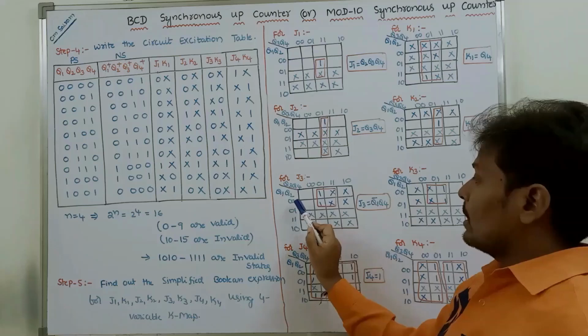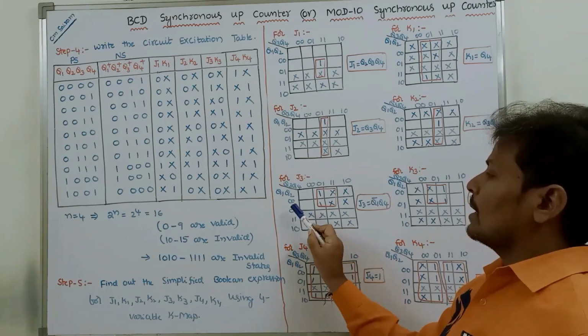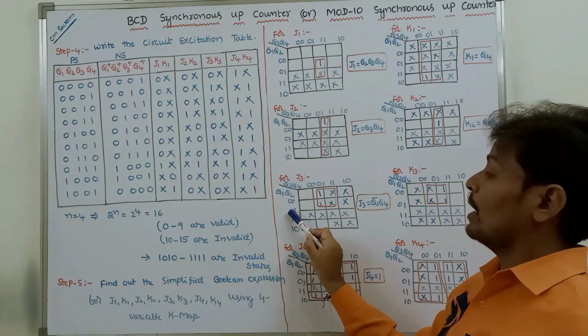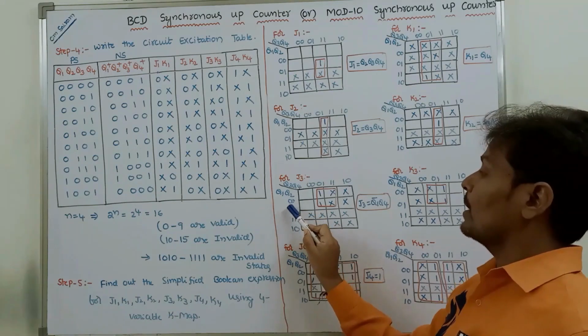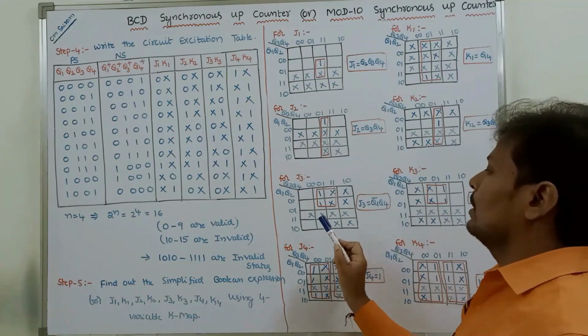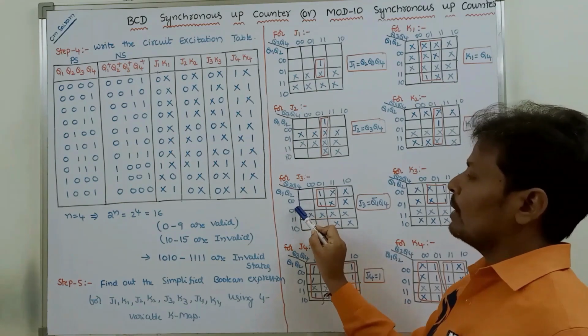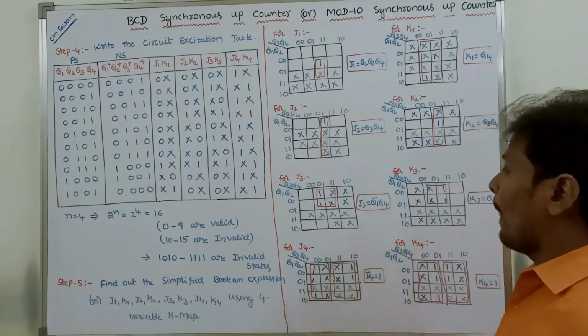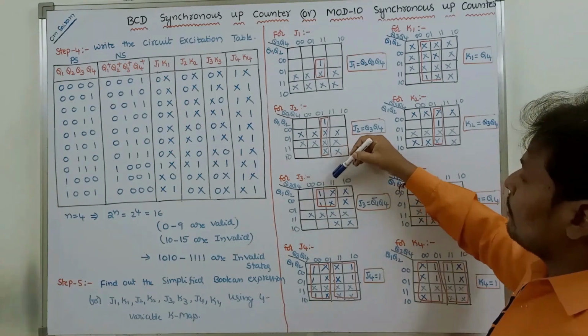For this quad, on the horizontal side 0, 0, 0, 1 is there. The first digit is 0. It contains the same digit, so we have to consider the Q1 value 0, which is nothing but Q1 bar. The second digit, 0 and 1, are different, so we have to ignore Q2. For the column side 0, 1, 1, 1 is there.